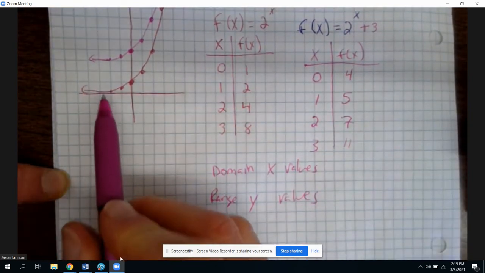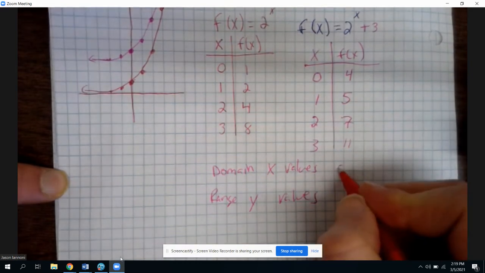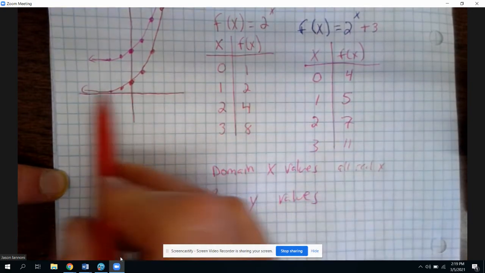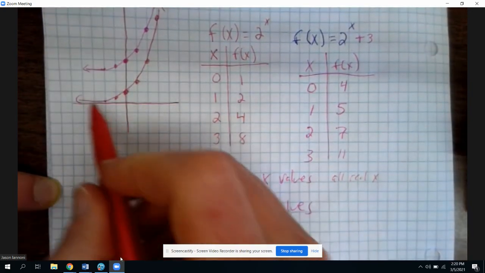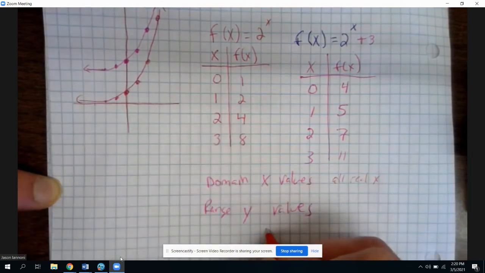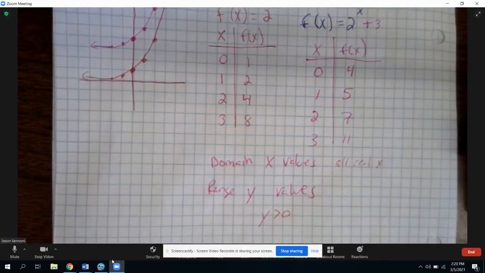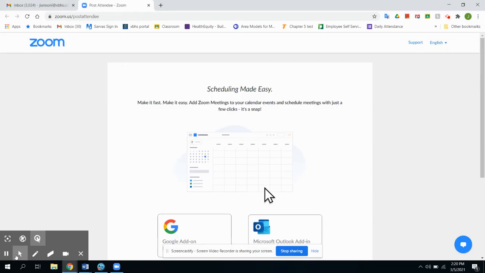So for our red line, our domain is going to be all real x values, because it's going to get to all negatives, all positives. The range for y values, talking about up and down, is going to be y is greater than 0, because it's never going to actually touch that line. It's just going to be greater than y equals 0.